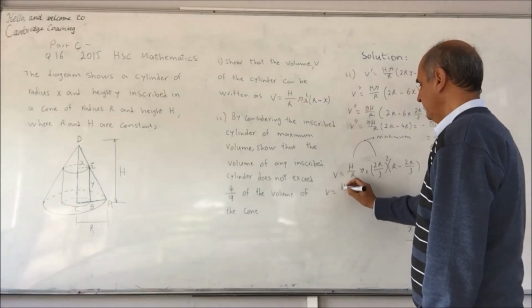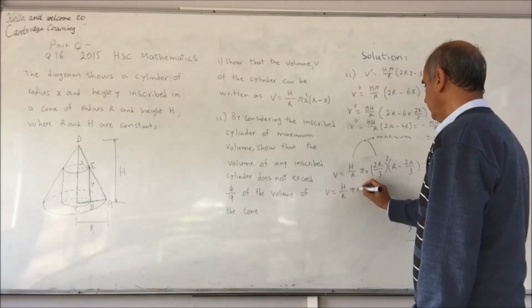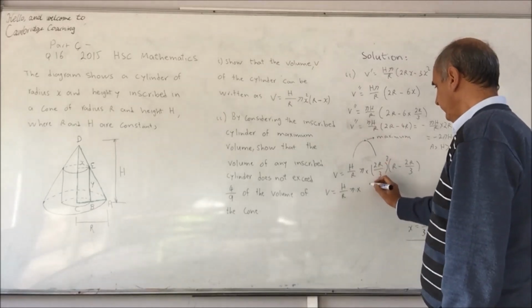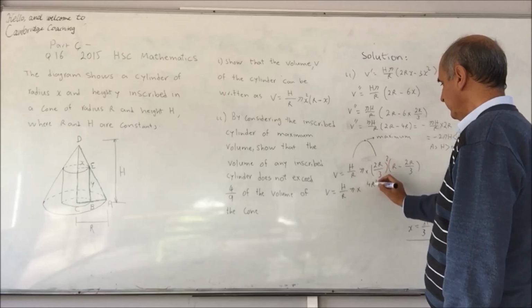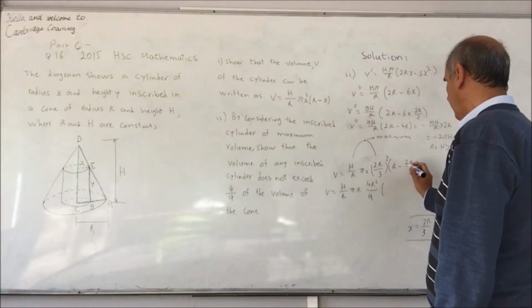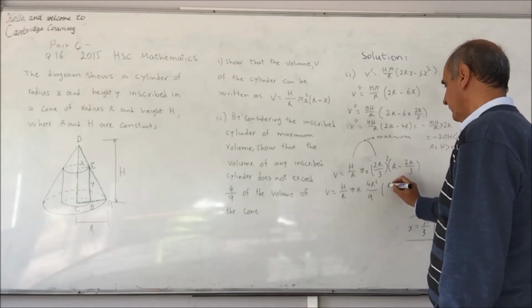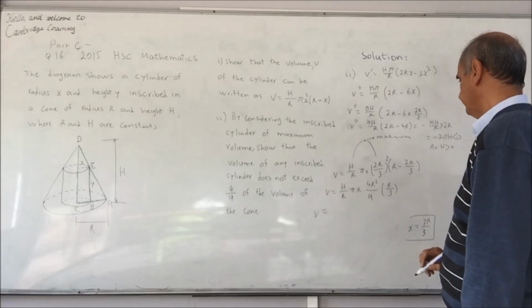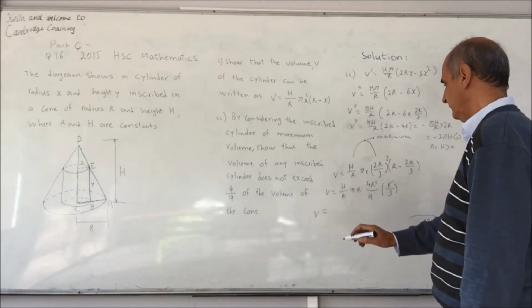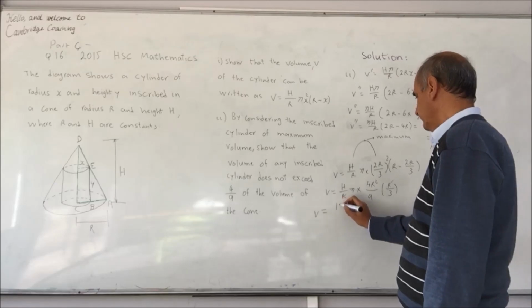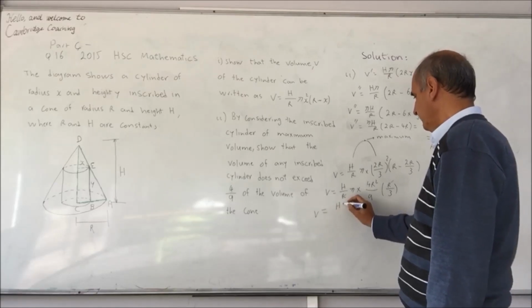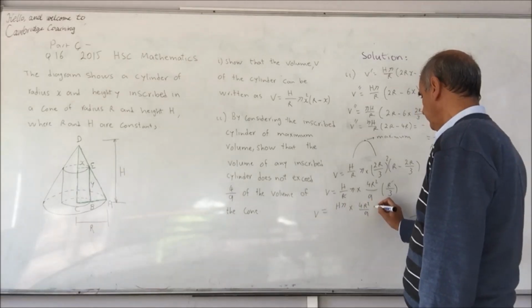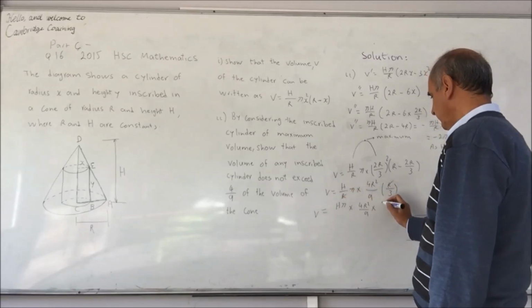So V is equal to h on r pi times, that becomes 4r squared on 9, I'm squaring the top and squaring the bottom, times r minus 2/3 of r, which is just 1/3 of r, or r on 3. So this r will go away with this r, and it gives us h pi times 4r squared on 9 times 1/3.